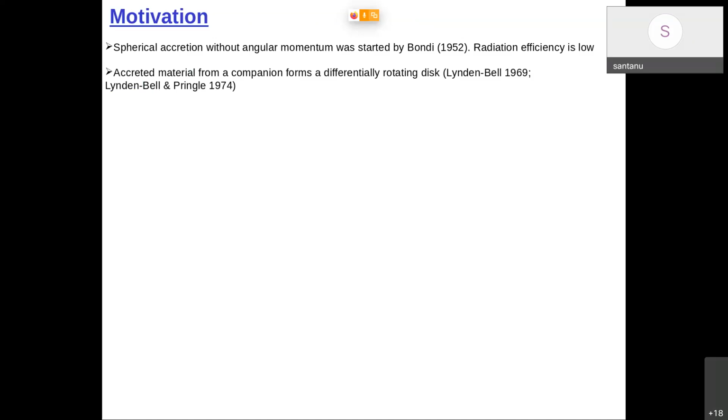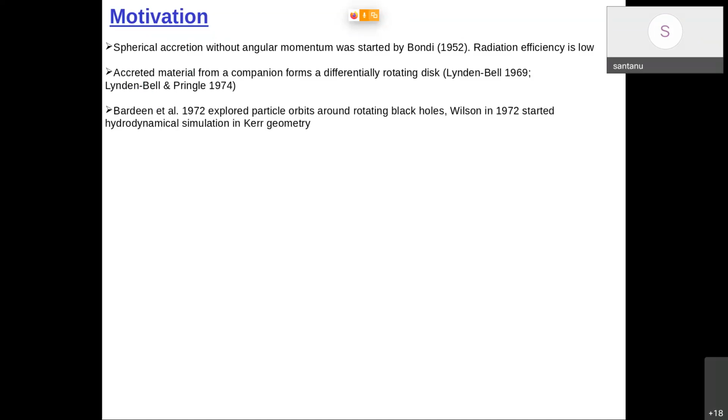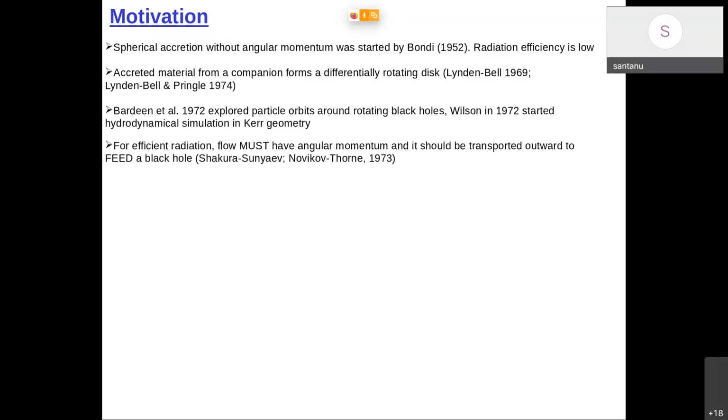In 1969, Lynden-Bell and his collaborators showed that accreting matter forms a disc-like structure, and later in 1972, Bardeen studied a particle orbit around a rotating black hole, and Wilson at the same time did hydrodynamic simulations in Kerr geometry.